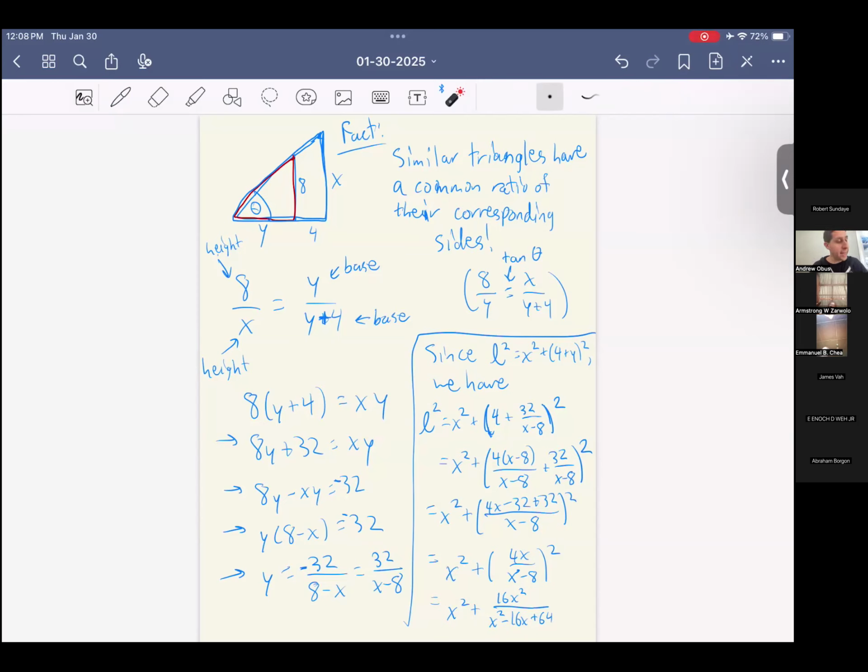We're trying to get an expression for this length that we want to minimize, in terms of only x. We knew by the Pythagorean theorem we could get it in terms of x and y, but then we had to use these similar triangles in order to end up with an expression that involves only x. Okay?